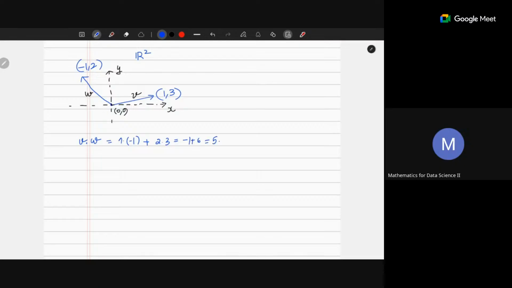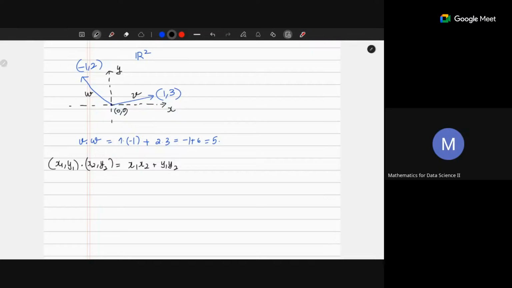So this is what dot product is. In generality, if there are two vectors x1, y1 dot product with x2, y2, then it is defined to be x1 x2 plus y1 y2.